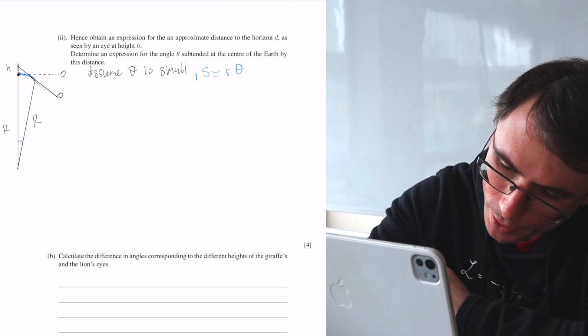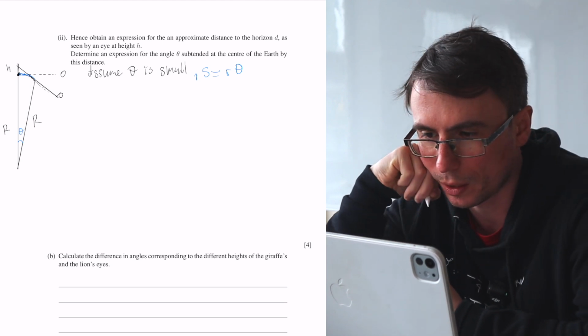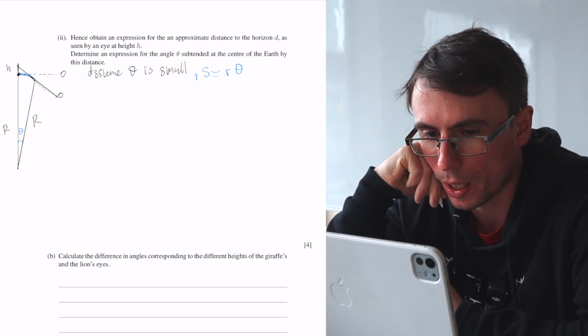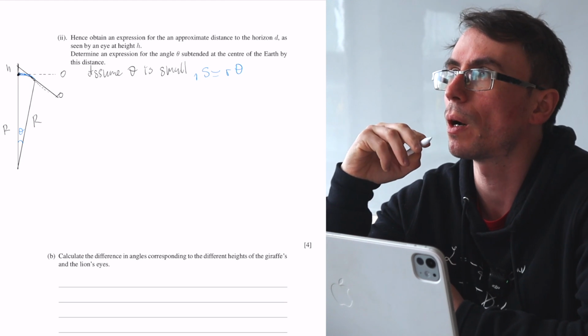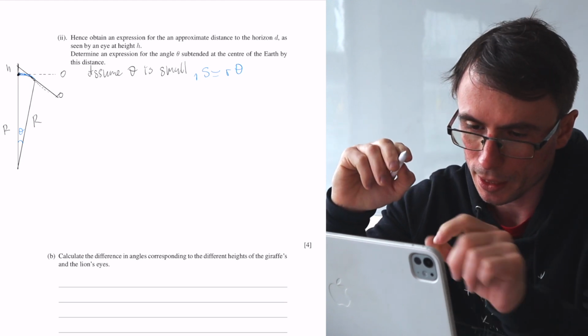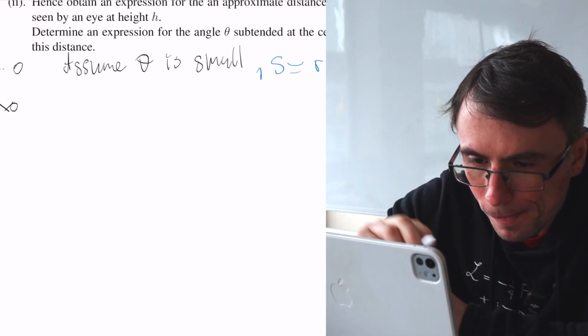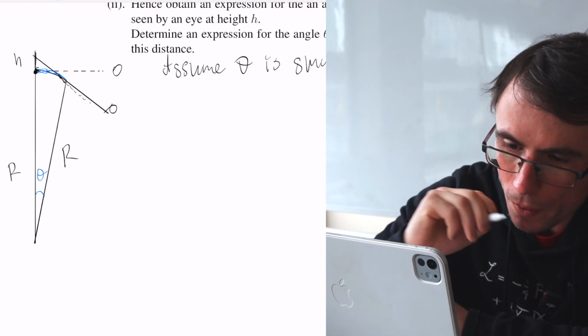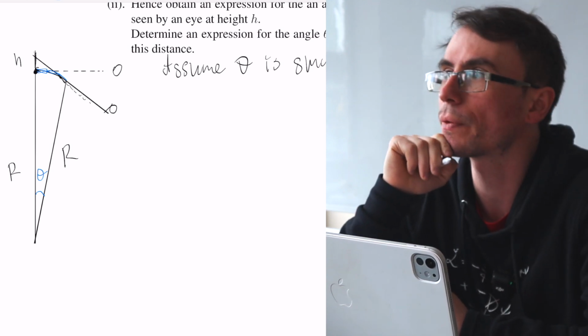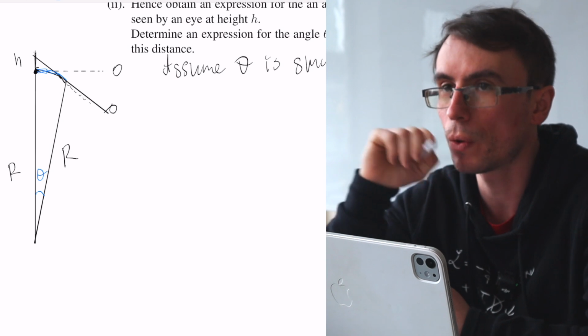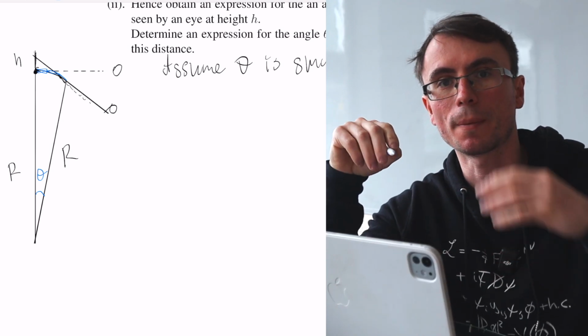So this distance here is theta, and if you are at a height h, then your line of sight for the horizon is no longer r theta.